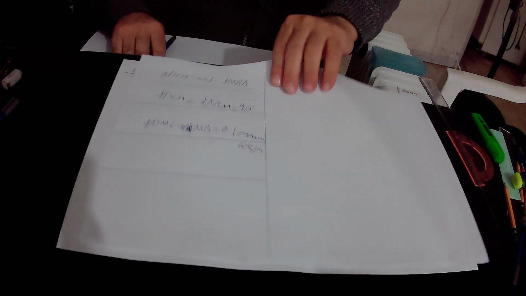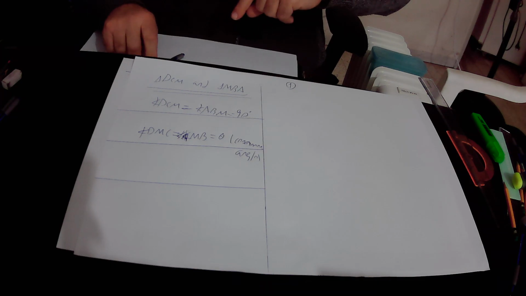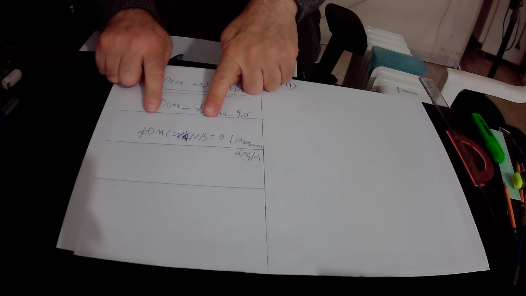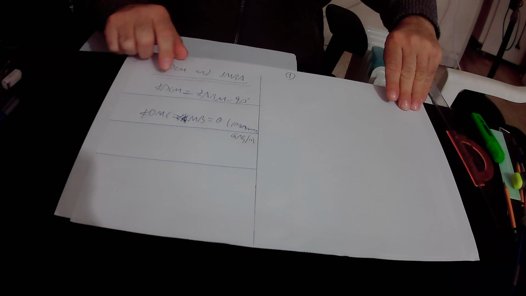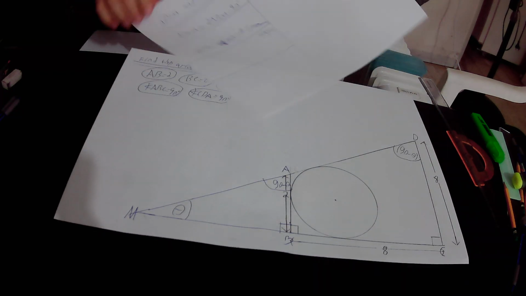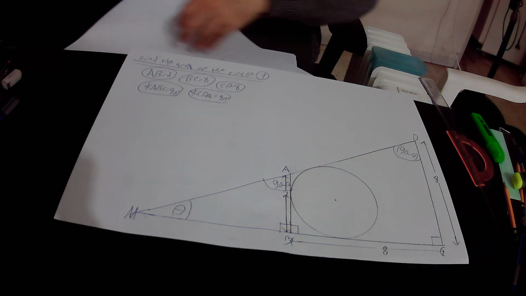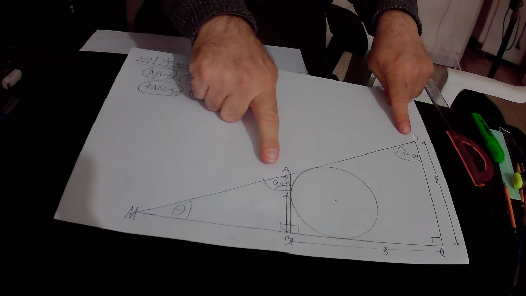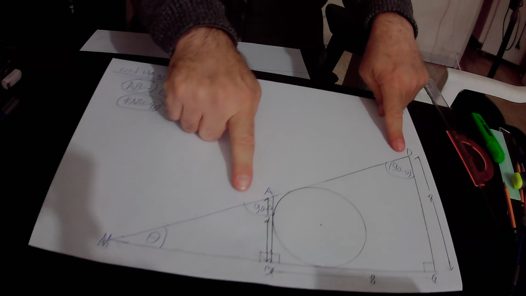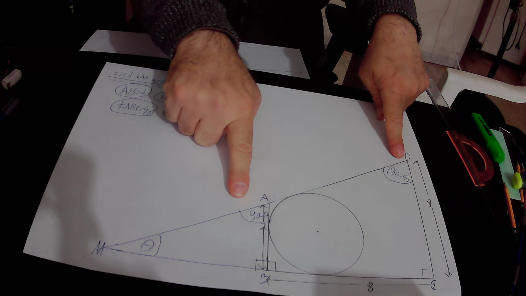Again, this equation means that angle theta equals itself. We just call the angle theta by two different names. Angle theta equals itself and is a common angle that belongs to both triangles. And finally, those two angles are both equal to 90 degrees minus theta, therefore they are equal to each other.